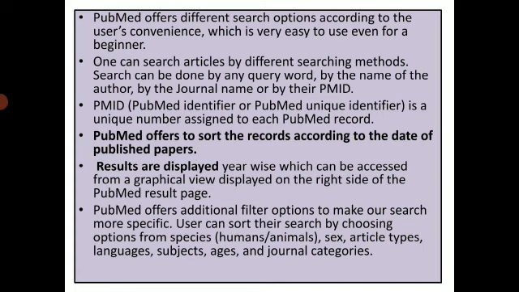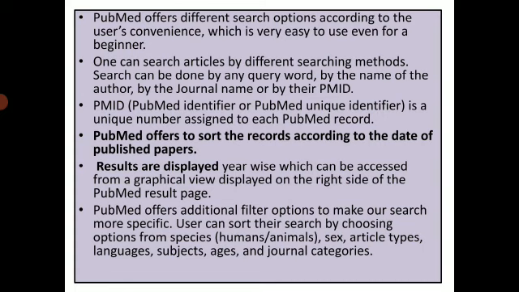Search can be done by any query word, by the name of the author, by the journal name, or by the PMID. Okay, PMID is the PubMed identifier or PubMed unique identifier, a unique number assigned to each PubMed record.